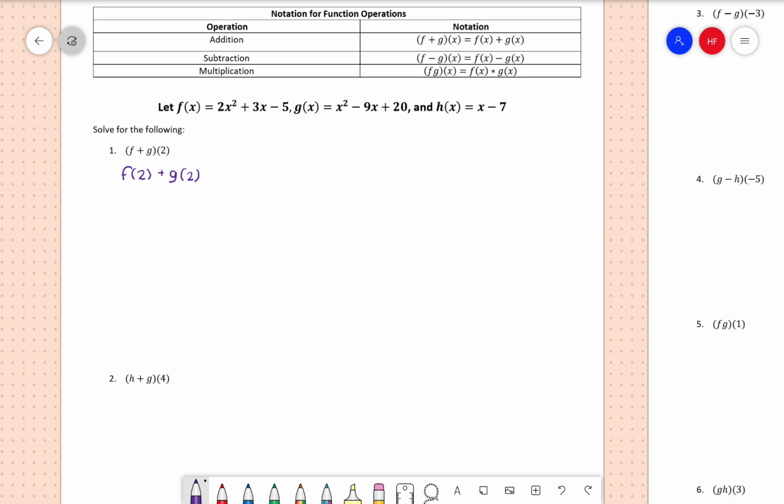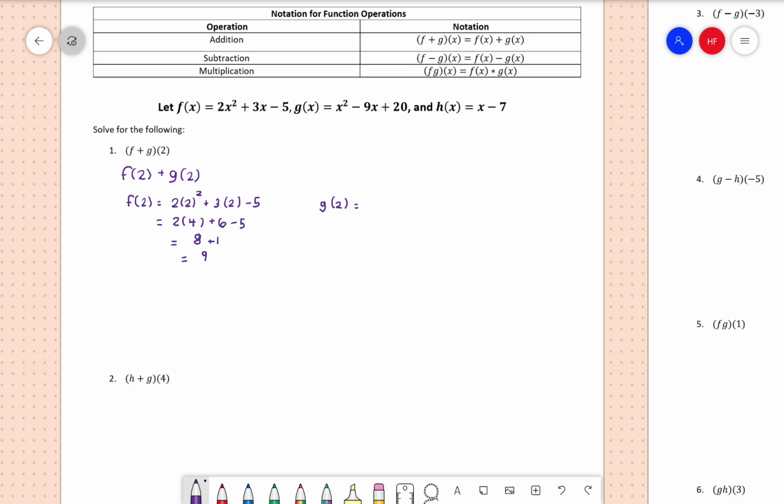So for f of 2, we have 2 times 2 squared plus 3 times 2 minus 5. That's 2 times 4 plus 6 minus 5, which is 8 plus 1, which is 9. So f of 2 is 9, and then we're going to take g of 2.